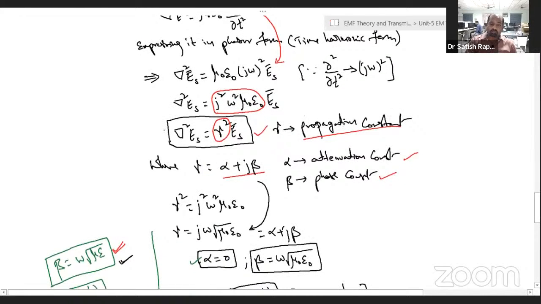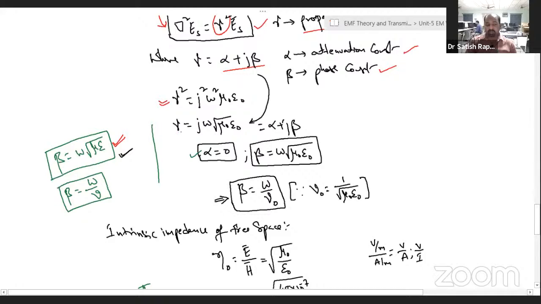Comparing these two equations, we get gamma, which has only an imaginary part, so the real part is 0. The imaginary part, beta, the phase constant, is equal to omega root mu naught epsilon naught. So beta is equal to omega by v naught, since v naught is equal to this.